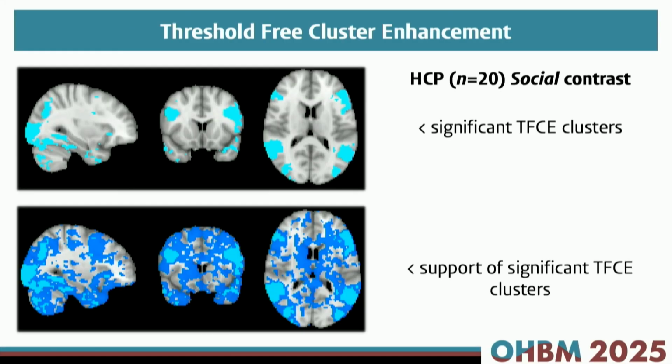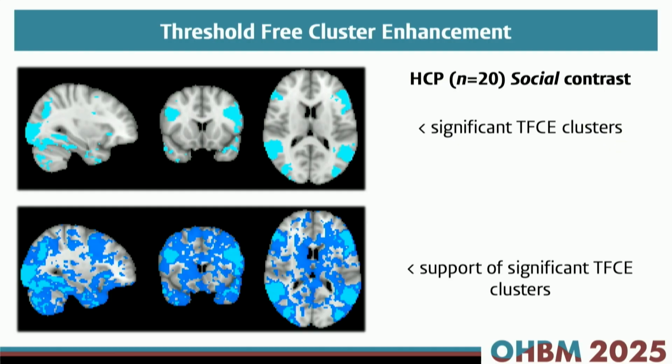It's somewhat computationally intensive, but once you have the permutations done, you have a very nice picture of the activations. What we see in many studies is that if we do standard cluster thresholding or threshold-free cluster enhancement, the clusters look much nicer when we do TFCE.